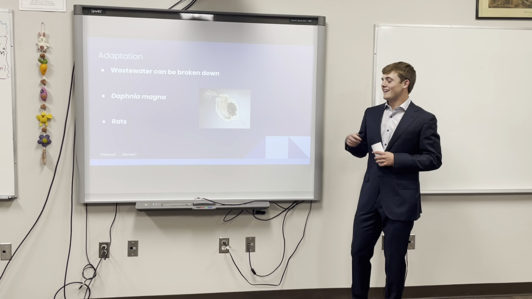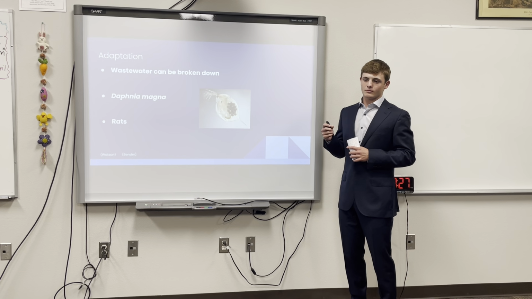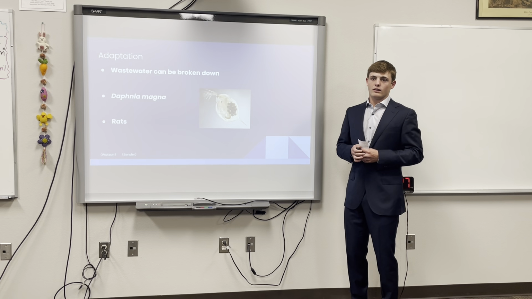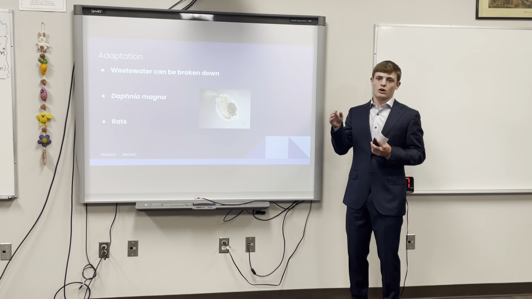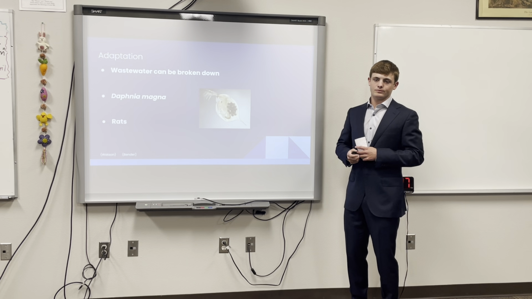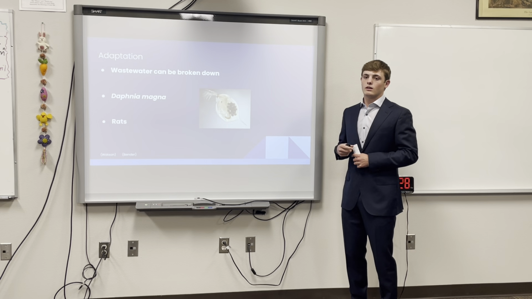And rats have adapted. In New York, they did a study, and depending on what neighborhood the rats were in, their skulls have changed, their noses are longer or shorter, whatever helps them more easily obtain their food.